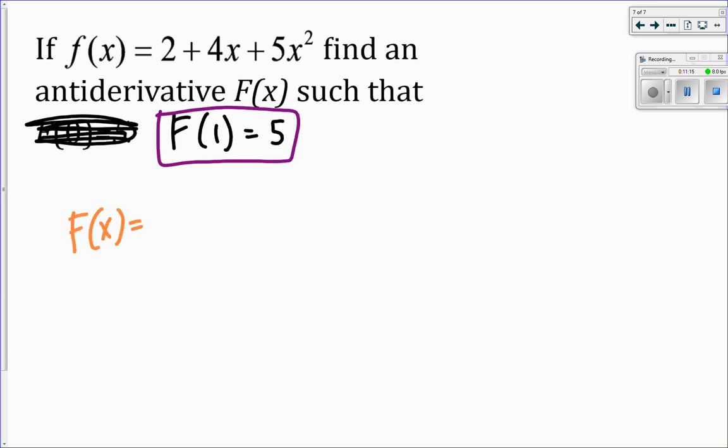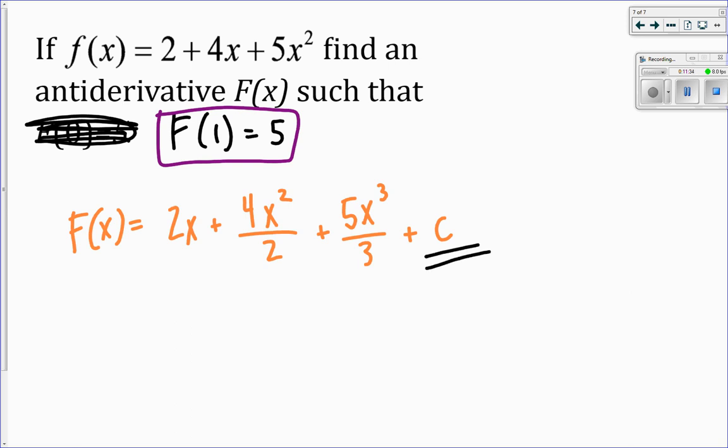F of x is equal to 2x plus 4x squared over 2, we can simplify in a second, plus 5x cubed over 3 plus c. This is what we need to change. We need to figure out what this constant would be so that when I plug in 1, I get out 5.